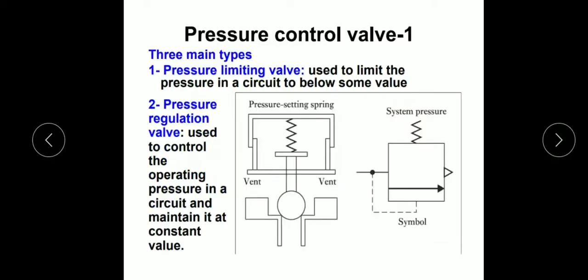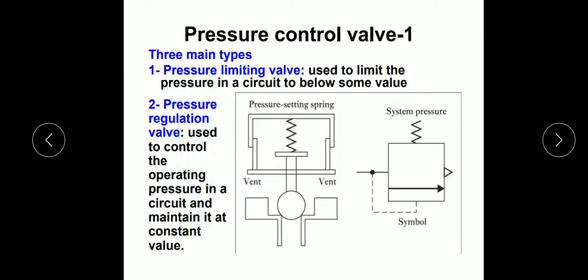Now we will discuss what is a pressure control valve. It's an important part because in all pneumatic or hydraulic systems this is an essential part, because if there is any pressure rise inside a system, pneumatic or hydraulic, the rise may cause damage to the equipment. So in every hydraulic or pneumatic system we place pressure control valves.